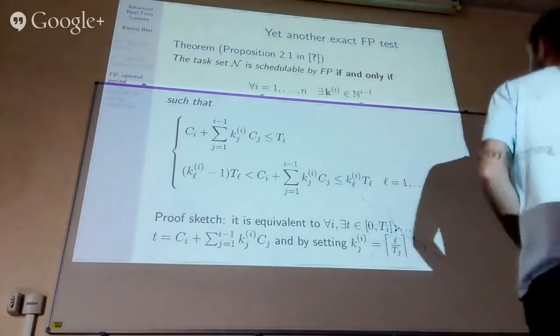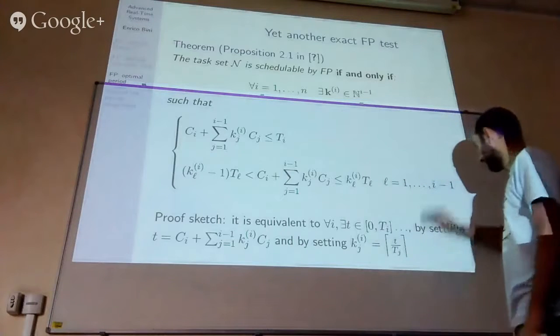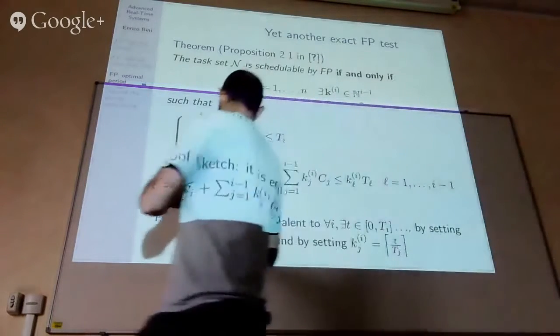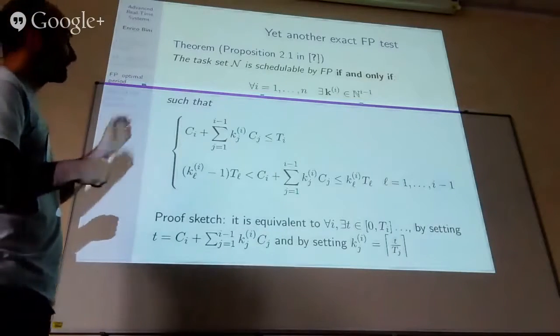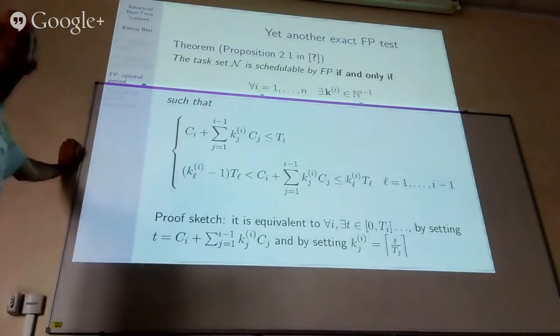To do it, I need to write once again a new way to write the exact fixed priority schedulability condition. It is somehow hard to read, but once you understand the rationale, the math comes for free. Let's first remind you of the original schedulability condition.